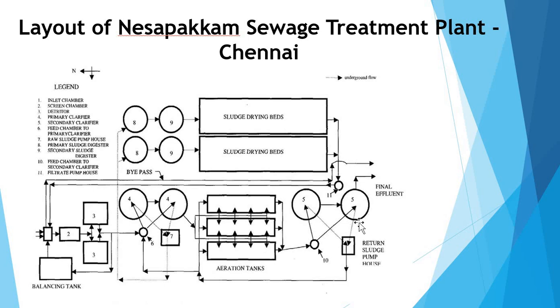All the return sludge from the aeration tank, the primary clarifier and the secondary clarifier enters the sludge pump house. This pump house pumps the sludge to the primary sludge digester and then to the secondary sludge digester. So the sludge digestion takes place in 2 stages, the primary digester and the secondary digester.